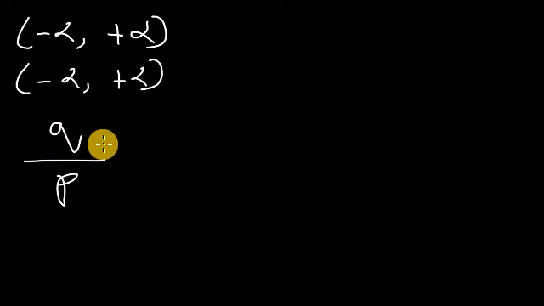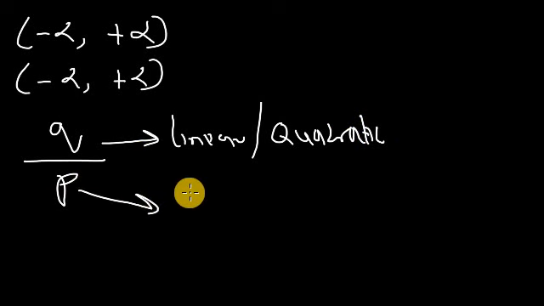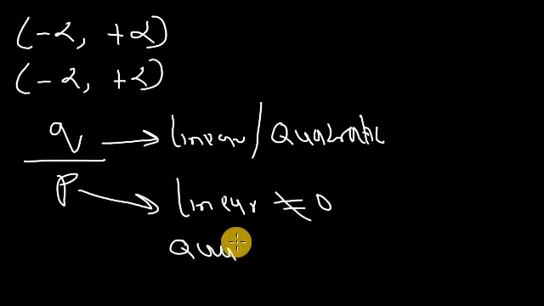If this is linear or quadratic without a radical, focus on p. If p is linear, then you set it not to be equal to 0. If it is quadratic, you set it not to be equal to 0. Then you just select those points as your values that the function won't reach, the values it won't include.